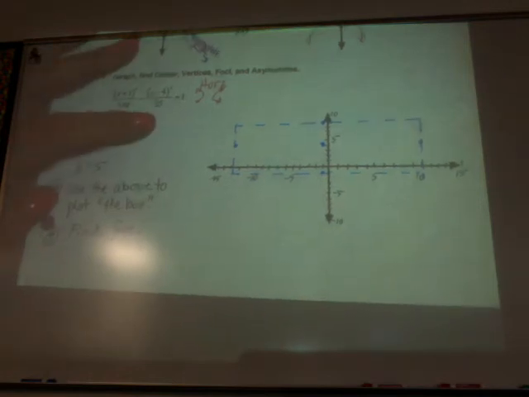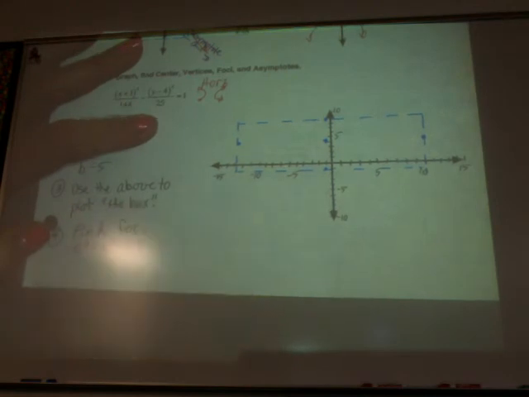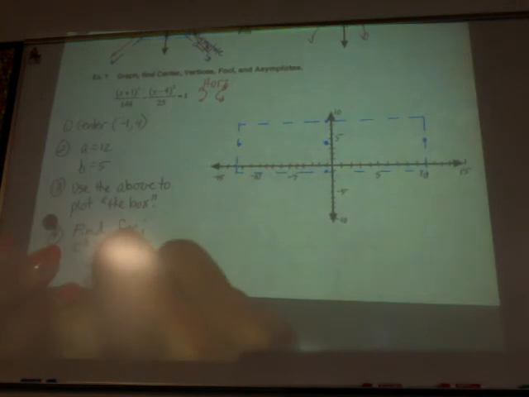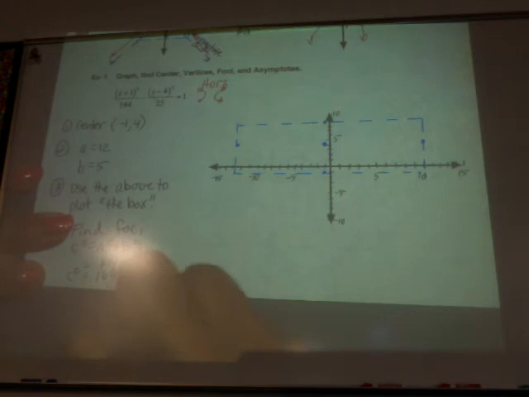Aren't we going to use our c squared equals a squared plus b squared? So that equals 144 plus 25, which is equal to what? And isn't that a nice perfect square? So what does c equal? 13.